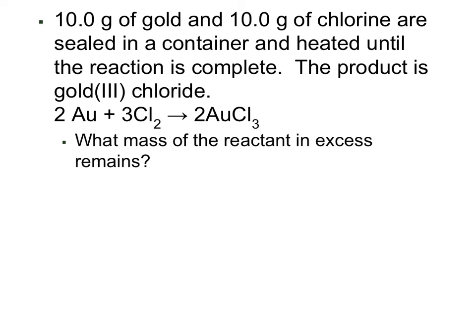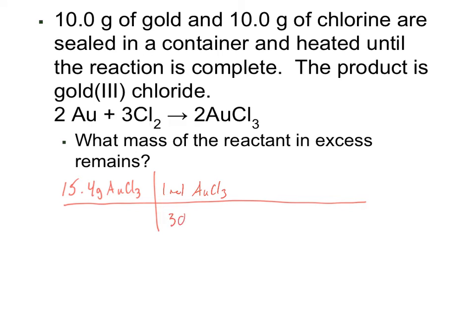And so we calculated in the last slide that we would form 15.4 grams of our gold chloride. So we set up a stoichiometric problem to find out how much chlorine was used. And so, like in all stoichiometric problems, our first step is to convert to moles of the gold 3 chloride using our molar mass.